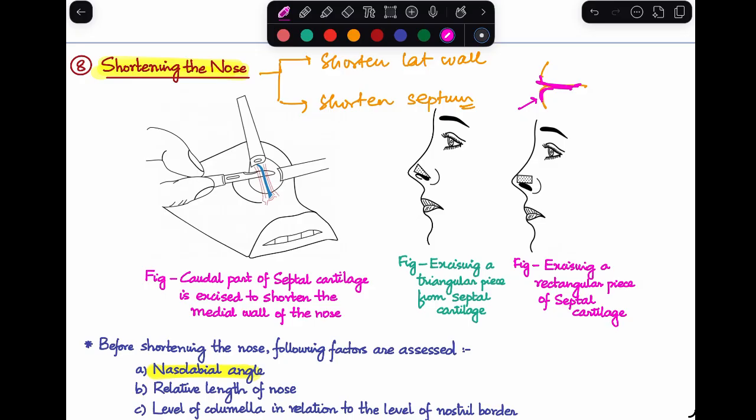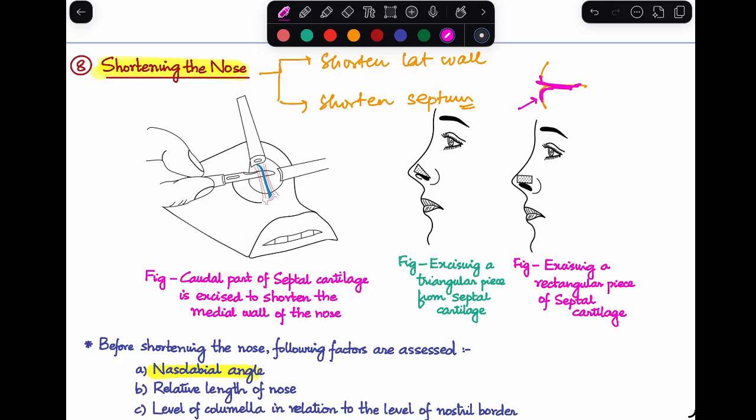And as I had mentioned before, if you end up removing too much of the upper lateral cartilage, the nose will have a very pinched appearance. So that is how we shorten the lateral wall. One is by rotation of the lower lateral cartilage over the upper lateral cartilage, and second is by excision of both the cartilages in addition to the rotation.